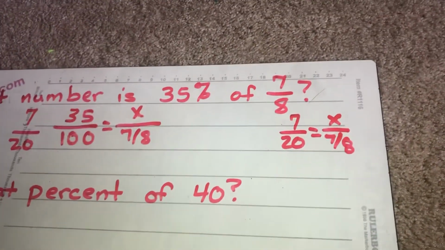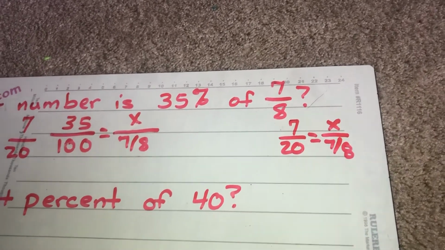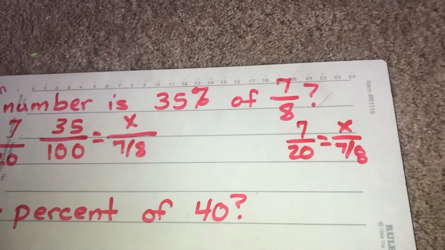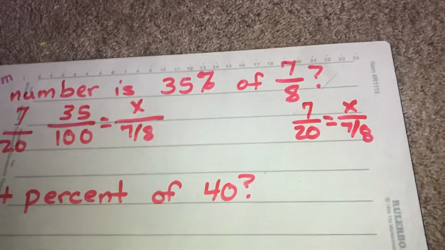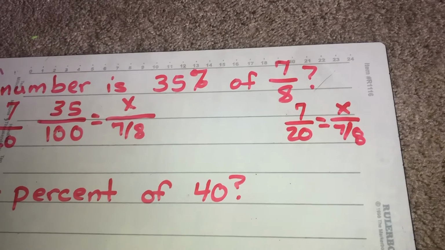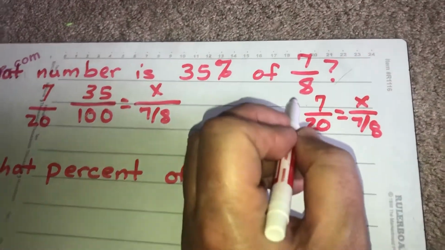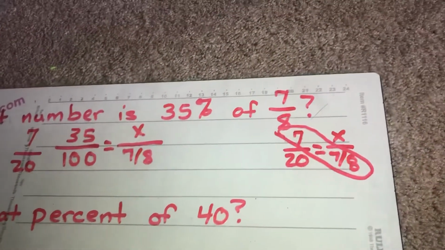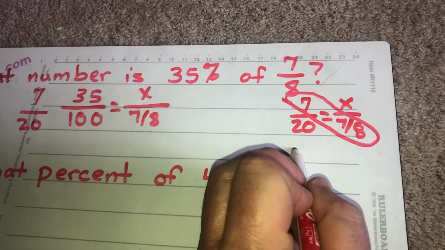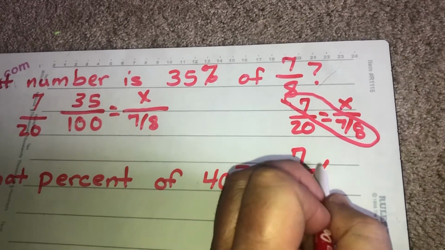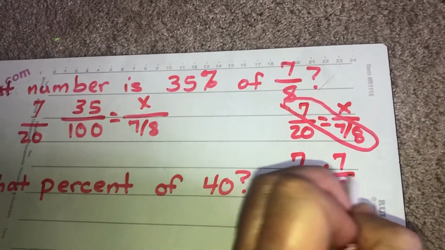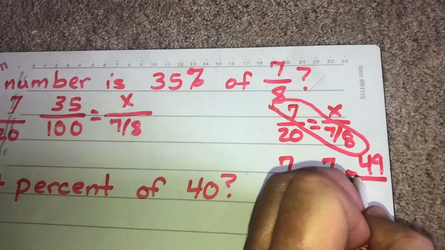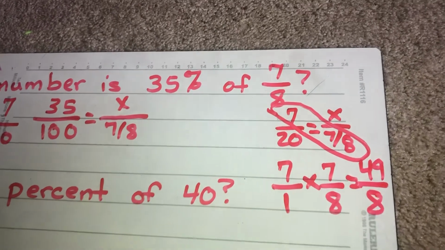Now, I'm going to just show you another way to do something. Another way is what we call cross multiplying, which essentially means that these two numbers right here, in this case 7 and 7/8, if I multiply those together, 7 over 1 times 7 over 8 equals 7 times 7 is 49, 1 times 8 is 8.